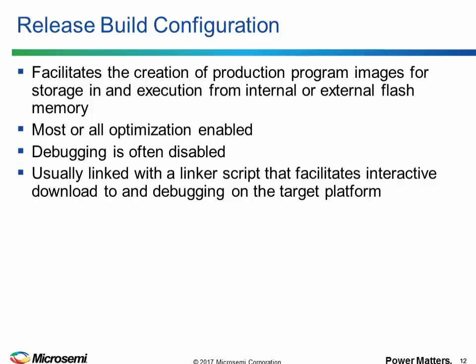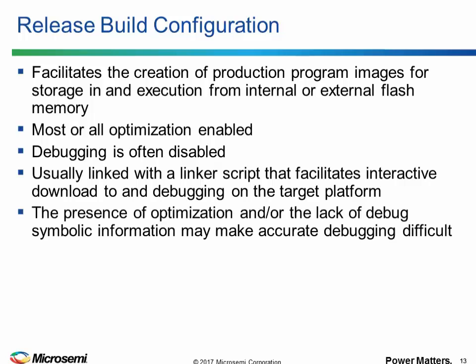This configuration may be linked with a linker script that facilitates interactive download to and debugging on the target platform, but the presence of optimization and/or the lack of debug symbolic information may make accurate debugging, such as line tracking, difficult. These build configurations are simply conventional. It is perfectly feasible to have as many varied build configurations as required by a specific program and target system.